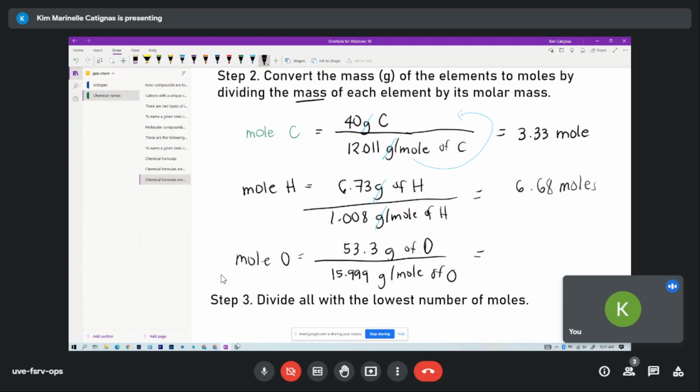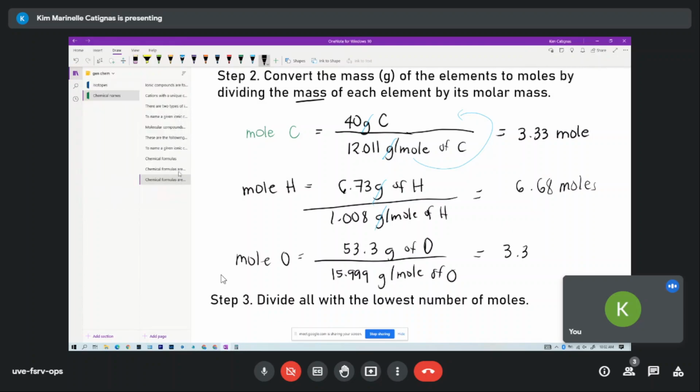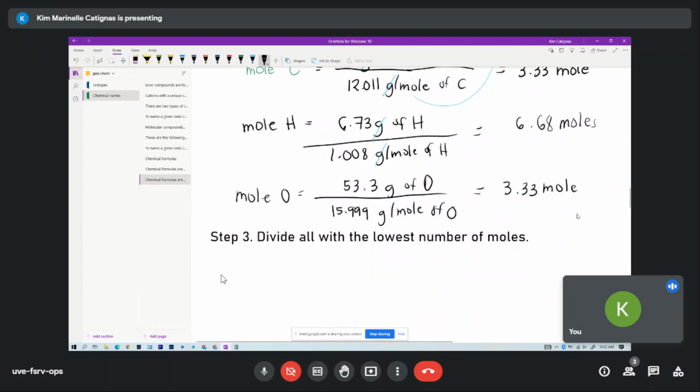Okay, so i-divide natin siya. 53.3 divided by 15.999. We will get 3.33 moles. Ayan, okay. So, dahil nakuha na natin yung moles ng bawat element natin, punta na tayo sa step 3.